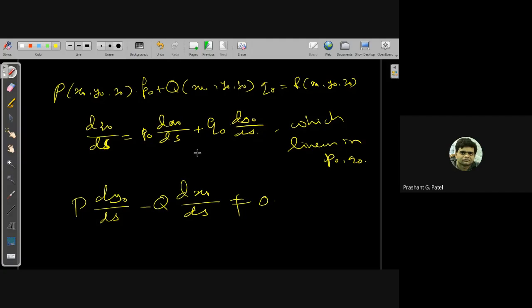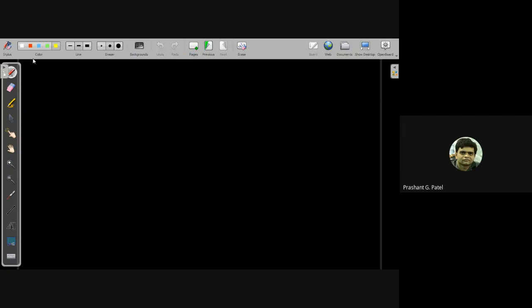And this situation suggests a method of solving the Cauchy problem for a nonlinear partial differential equation. So we'll see the steps for this. Step number 1, to solve a Cauchy problem for a nonlinear PDE.